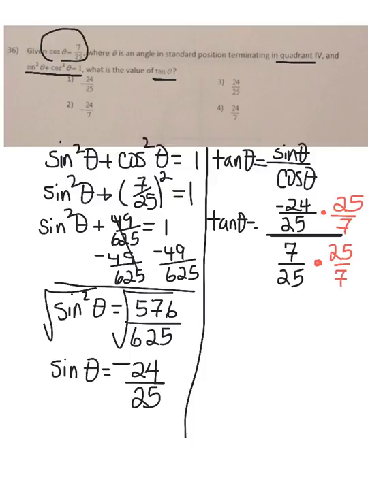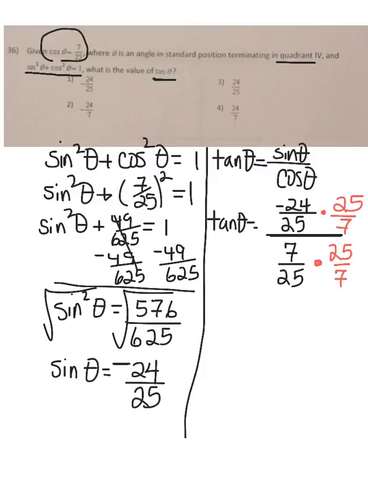Another way to look at it is I have negative 24 over 25 divided by 7 over 25. You should have learned that when you have a fraction divided by another fraction, that's the same thing as a fraction multiplied by its reciprocal. And that's what we did here.